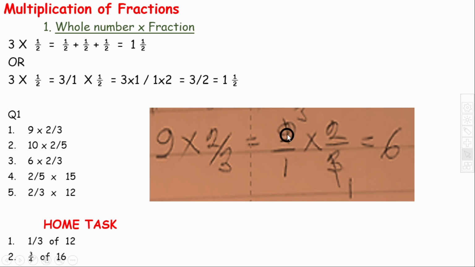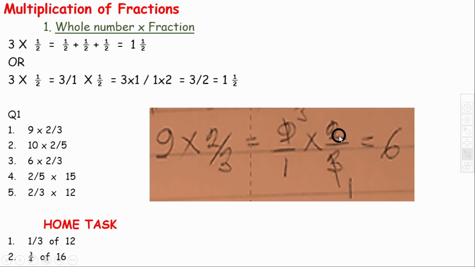For example, 9 and 3 have a common factor, and the common factor is 3. So we divide both the numerator and the denominator by that common factor. So 3 divided by 3 is 1. 9 divided by 3 is 3. So you have 3 at the top now.